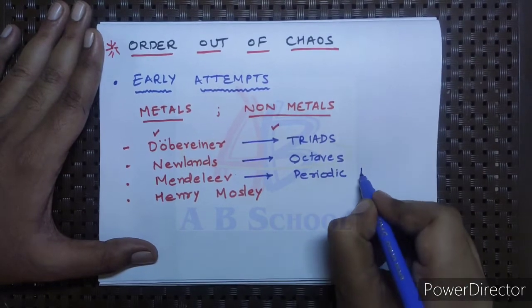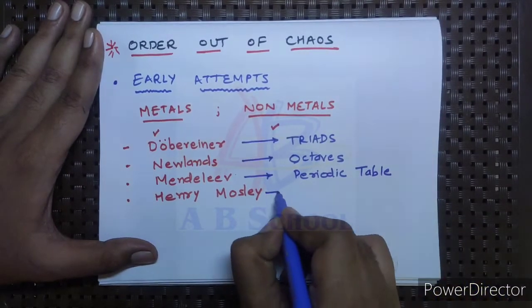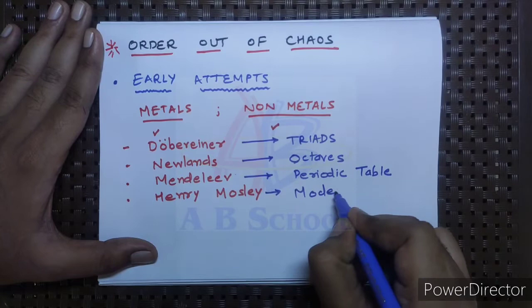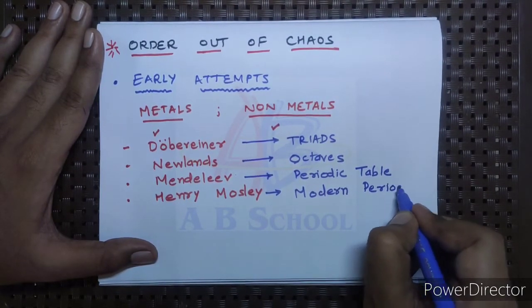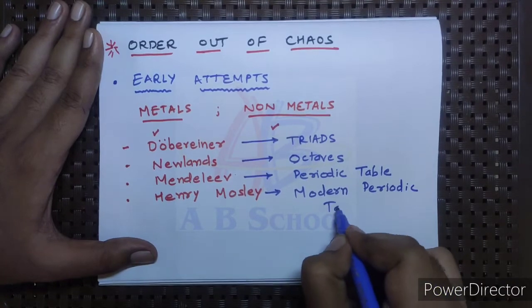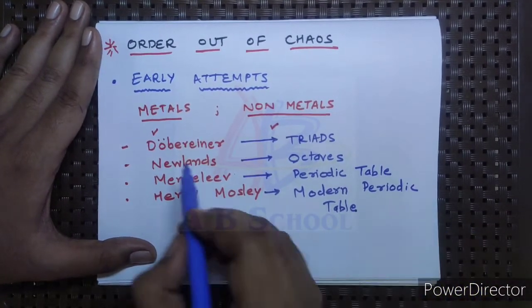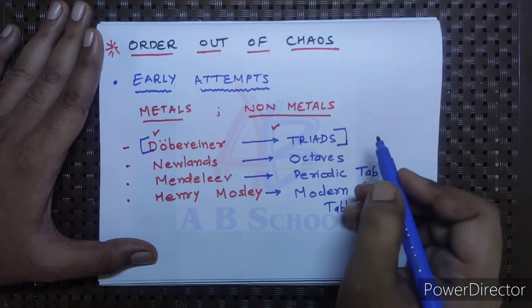But this periodic table is not the same as the one given by Henry Moseley. Therefore, the periodic table given by Henry Moseley is known as the modern periodic table. So today we are going to talk about Döbereiner's triads.